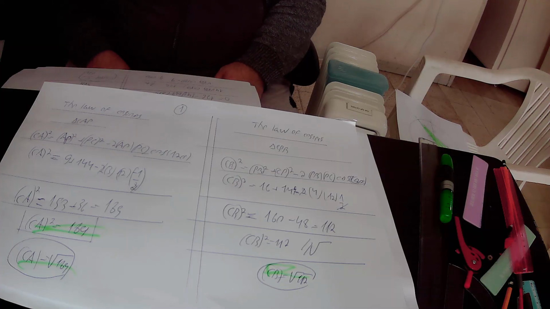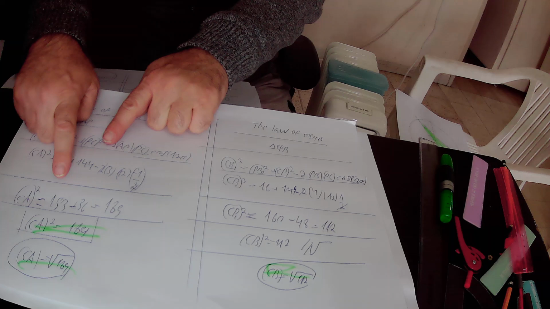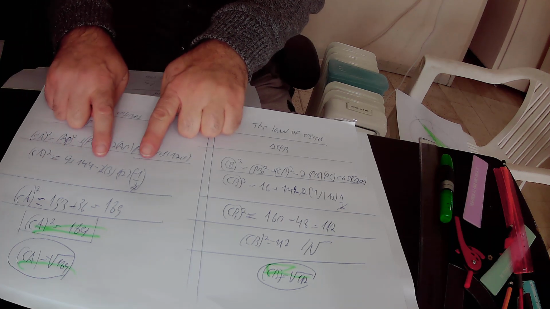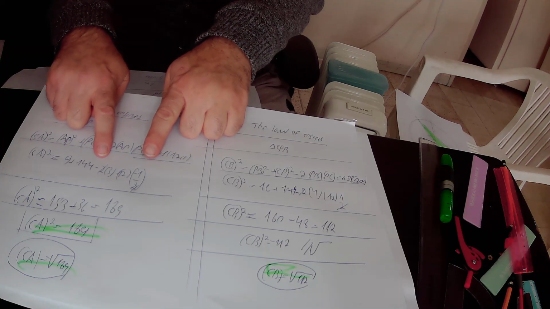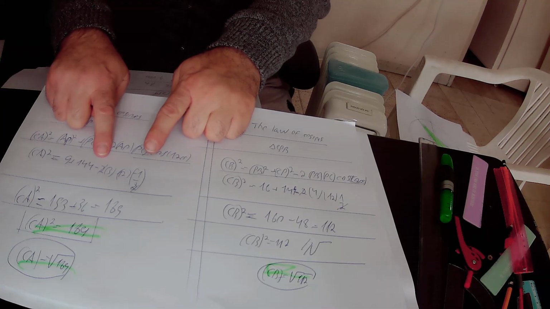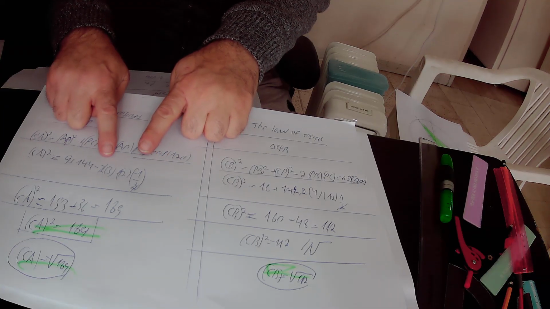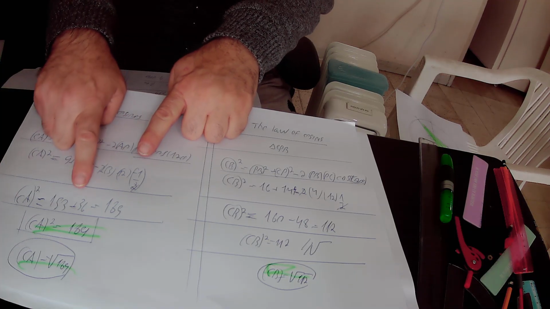So in total, CA squared equals 9 plus 144, which is 153. Here we have minus times minus, which is plus, so this expression in total is positive. We have 2 in the denominator, so the 2 gets cancelled. After cancelling 2, we have only 3 times 12, that is 36. So in total, this expression equals plus 36.